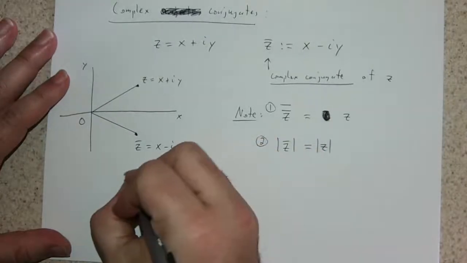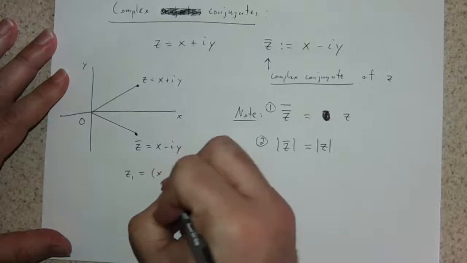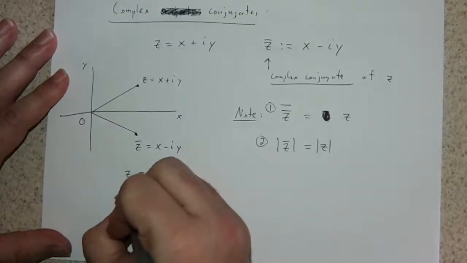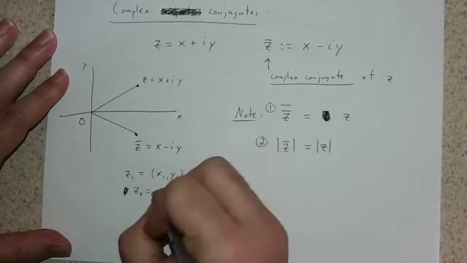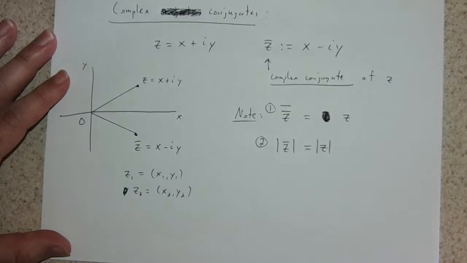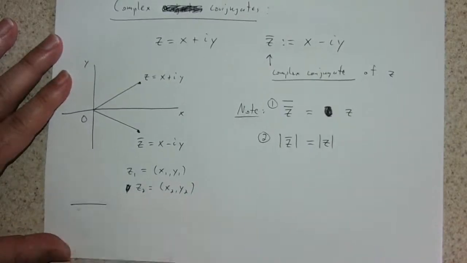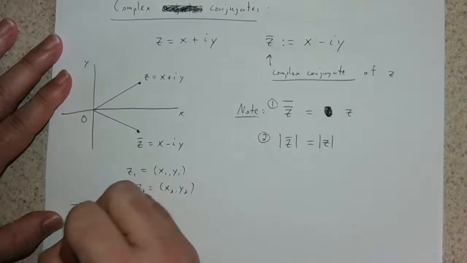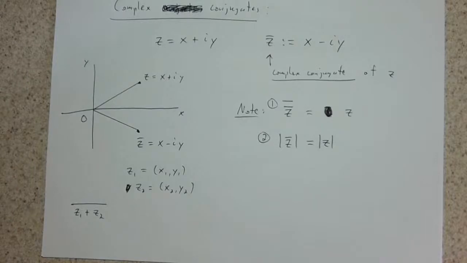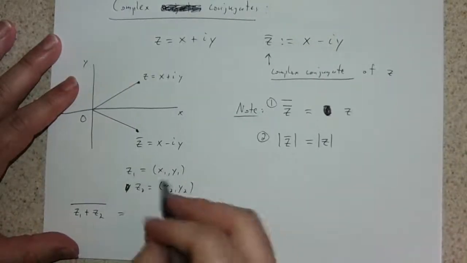So let's say that we have a complex number z sub 1 given to me by ordered pair x1, y1, and I have z sub 2 given to me by ordered pair x2, y2. What if I consider the conjugate of the sum z1 plus z2? Well, I know how to sum these together pretty easily.